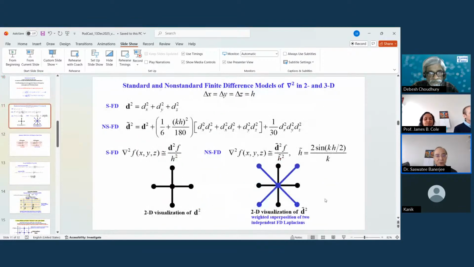Right here, this is the standard method in 2 dimensions. So waves will come out in a square pattern. Gradually, they will turn into a little bit more circular, but they will not be isotropic. The wave speed this way will be different from the wave speed to the left and the right. So the diagonal wave speed is different from the left-right wave speed.